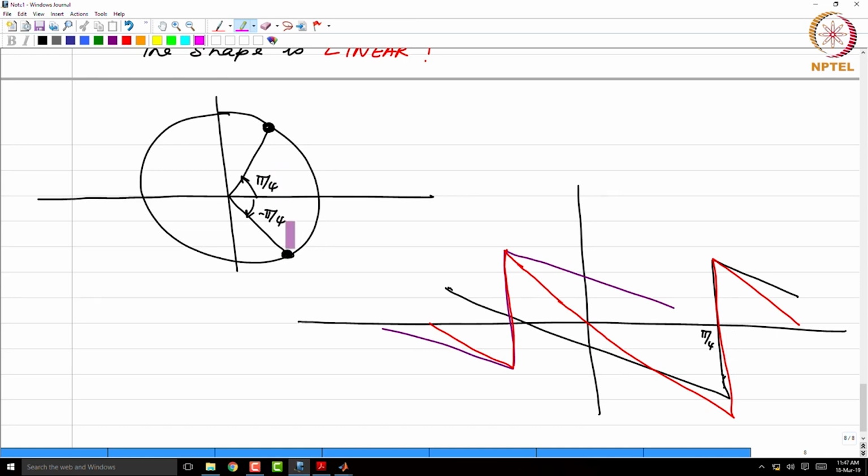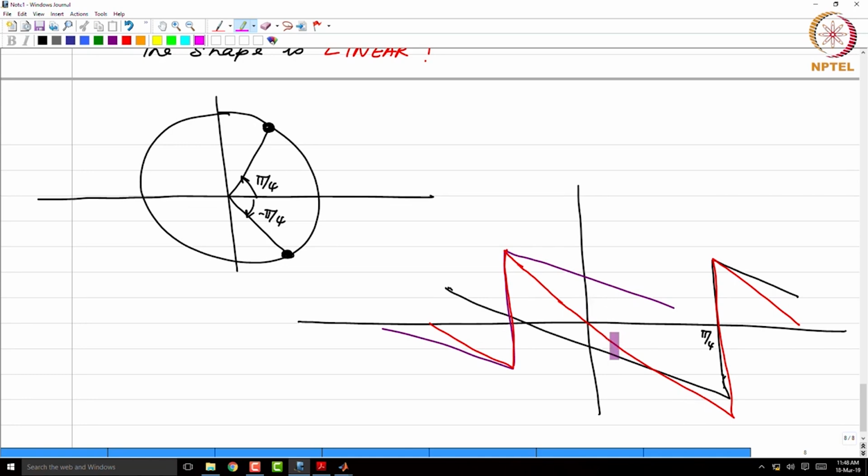And given the symmetry of the location of the zeros, at omega equal to 0 and at omega equal to pi, overall phase response will be 0. And in between you will have linear response except at the location of the jumps. And in this case, the system's impulse response is real valued because you have two complex conjugate zeros, and hence the phase response is odd symmetric.